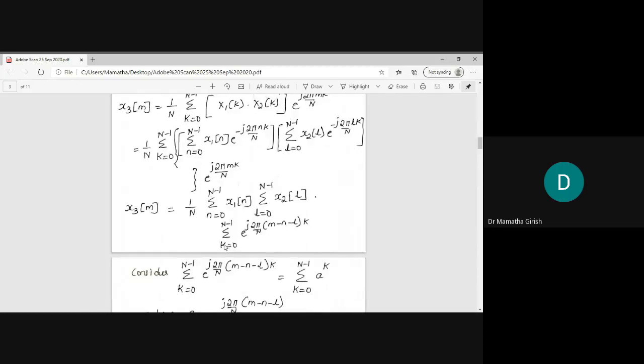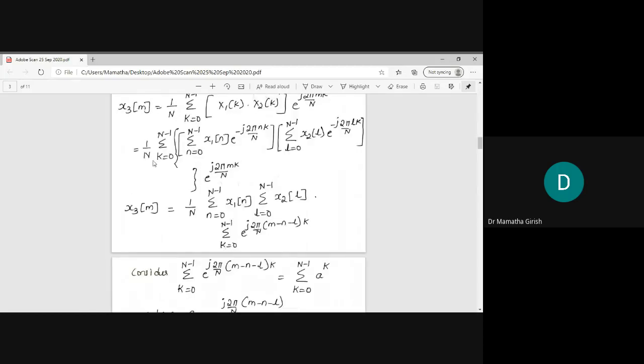Kindly note that since these are two different equations, I can't consider the same summation index. Here it is n, here it is l, and here it is k. All the three summation index variables should be different if you're using all three in the same equation. And all this is multiplied by this complex exponential term as it is.